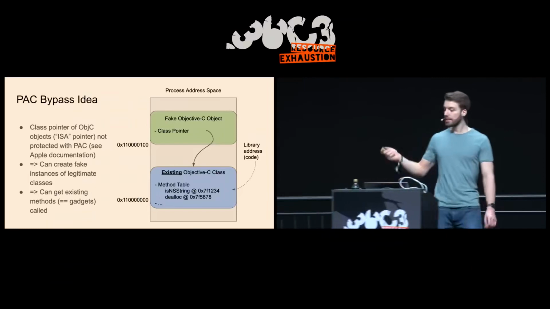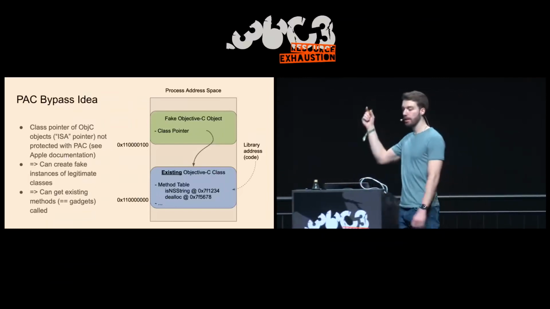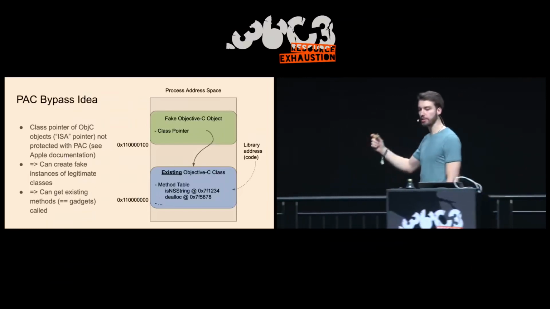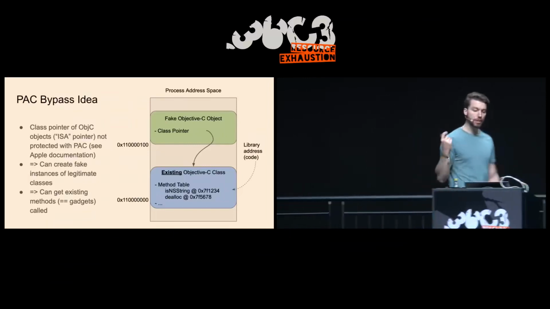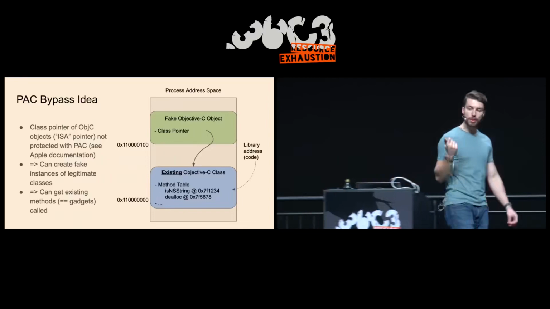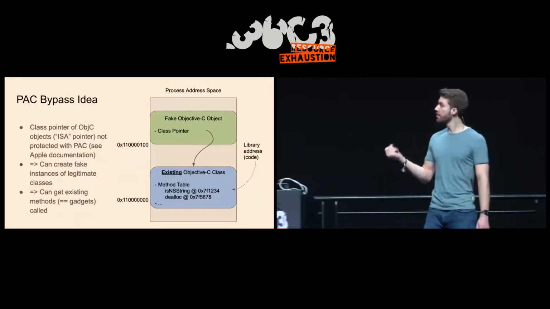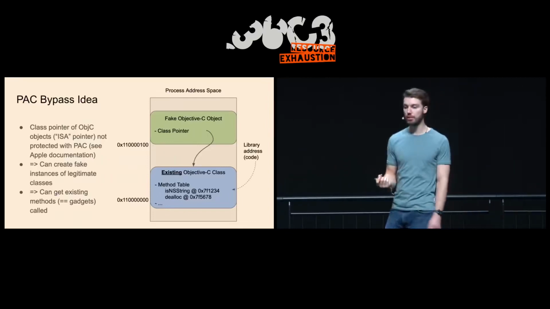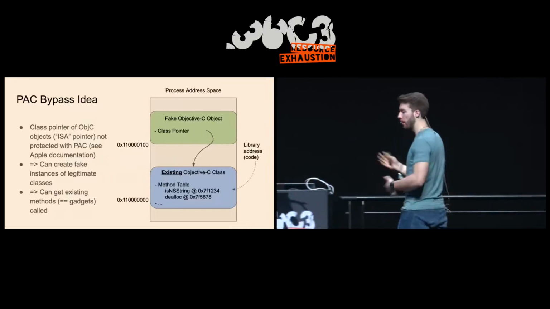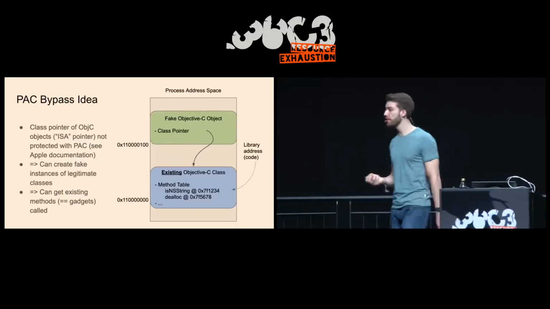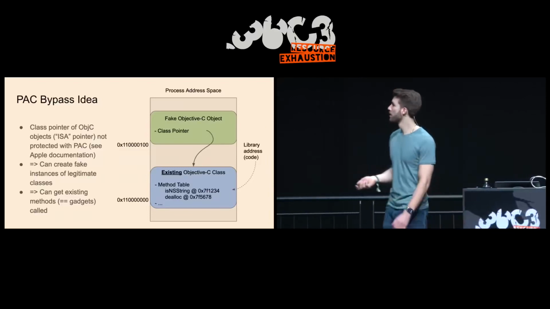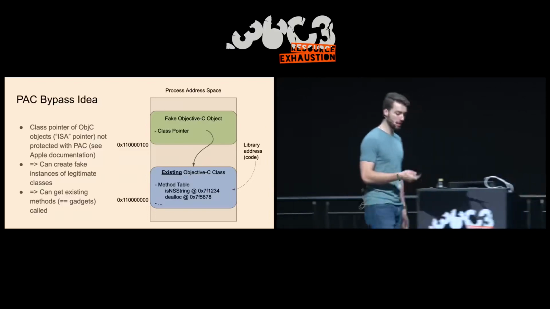So in this case here, we can have a fake object that points to a real class that has real legitimately signed method pointers. So this still works, and with this we can now get existing methods called out of place, and kind of manipulate the control flow. And these existing methods are basically now gadgets, if you want to think about it that way.